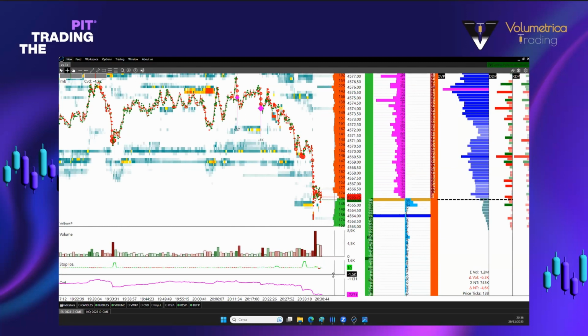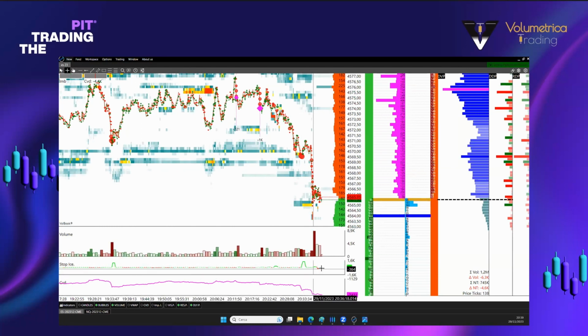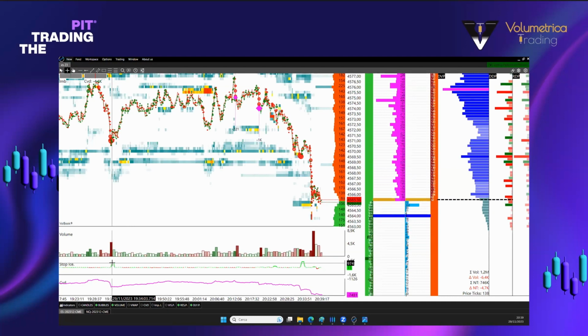But if you want to also assess an iceberg which has taken place in the past, we can just move our cursor to the top of the peak and see how much volume was involved. For example, in this case here, we have 974 contracts being involved in the iceberg.